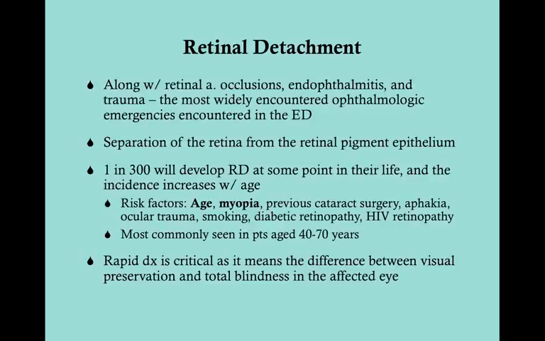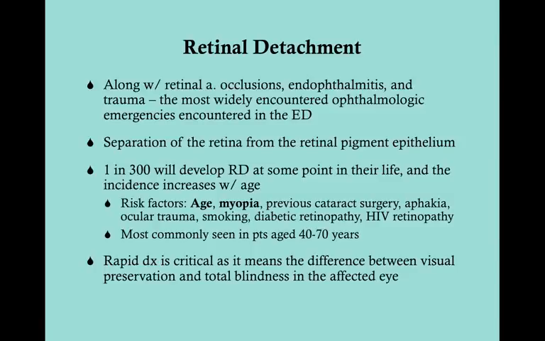So retinal detachment is a separation of the retina from the retinal pigment epithelium. You could consider the retinal pigment epithelium to be part of the retina, but when I'm referring to the retina here, I'm referring to the sensory retina. So the nerve layers, including the rods and cones, that process the image and then send it down the optic nerve.